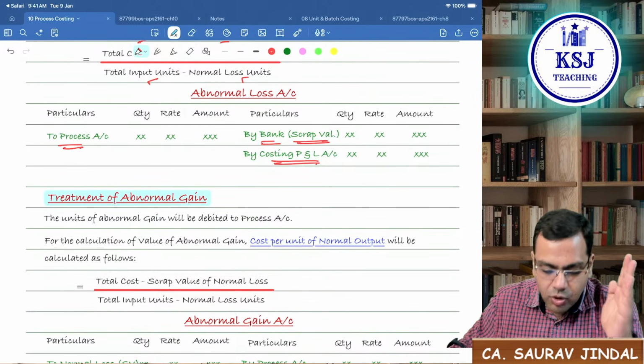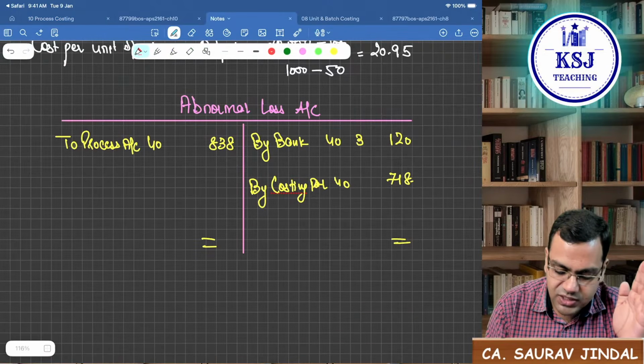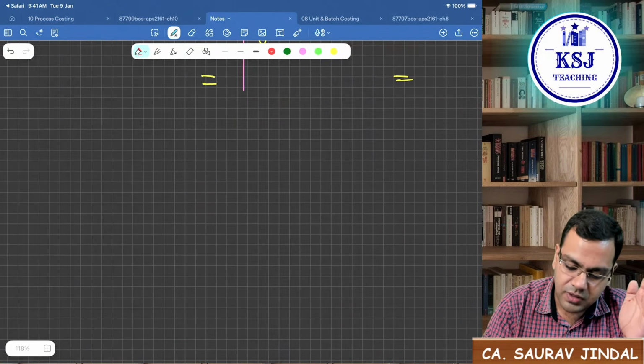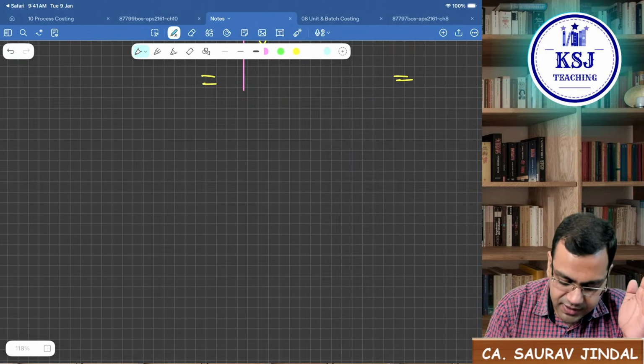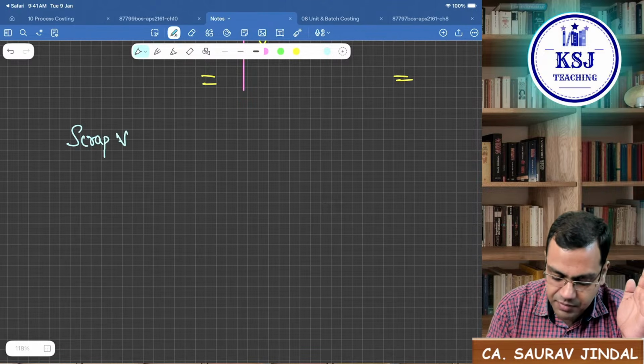The main important point where you can commit a mistake is with regard to scrap value, right? That is very important for you to remember.